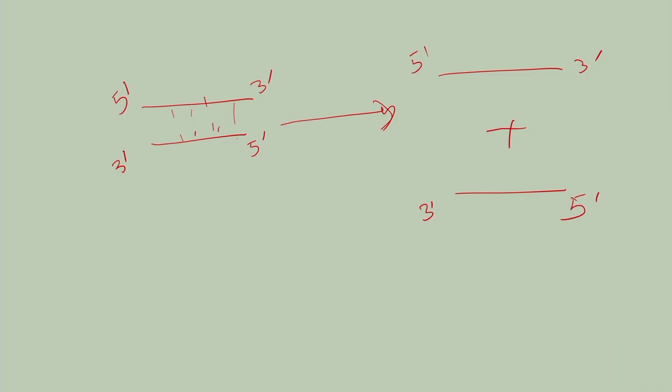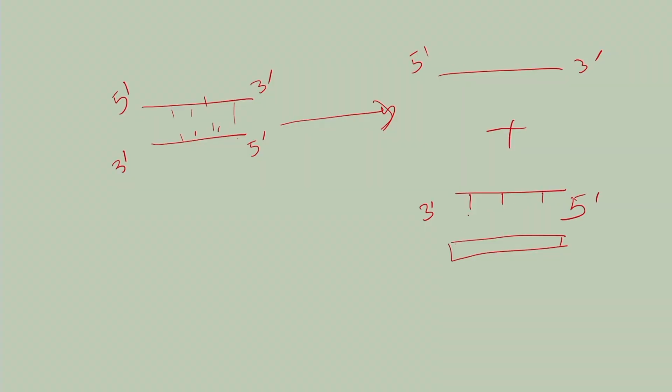You can separate the strands, and now each strand can act as a template to synthesize a new strand. Since ATGC pairing is inevitable, it will only pick up the complementary base. If it is ATG, then this has to pick up T, this has to pick up A, this has to pick up C, and you will synthesize a new strand.